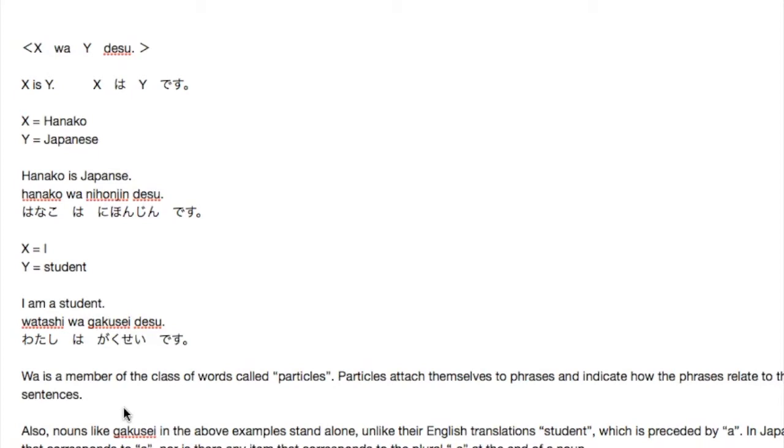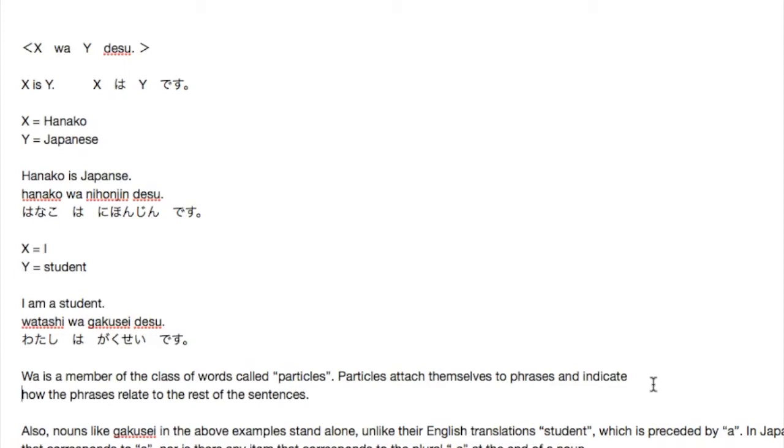は is a member of the class of words called particles. Particles attach themselves to a phrase and indicate how the phrase relates to the rest of the sentence. Okay, I will explain more about the particle later. If X equals I and Y equals student, I am a student. 私は学生です. 私 means I. 学生 means student.